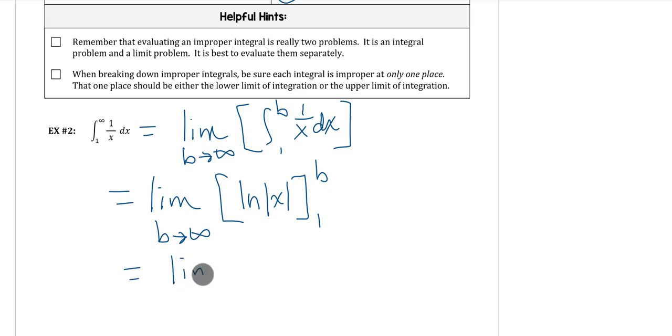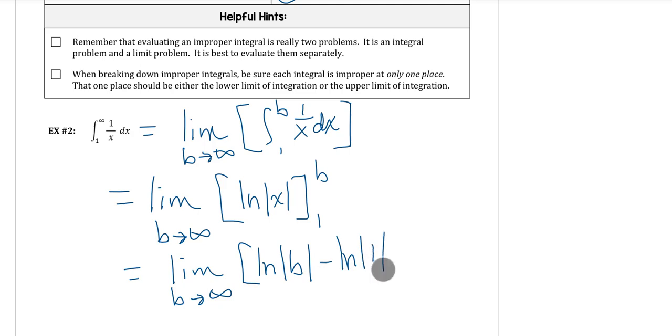So this becomes the limit as b approaches infinity of ln of b minus ln of, oops, that should be 1 now, of 1. And of course ln of 1 is 0.